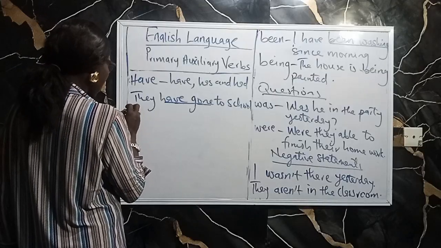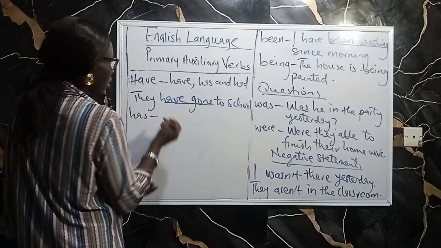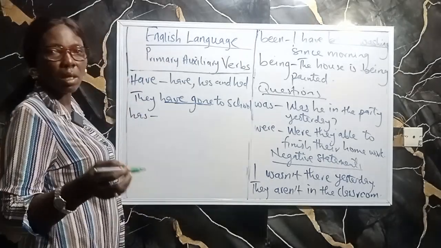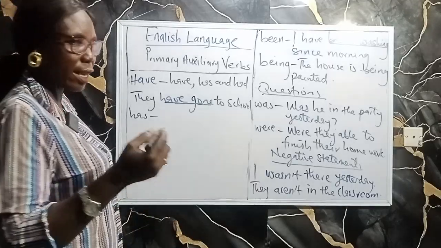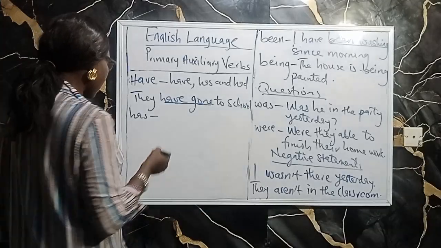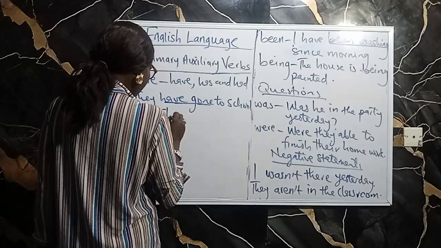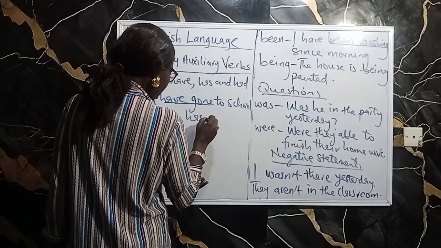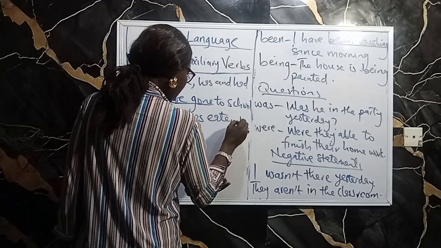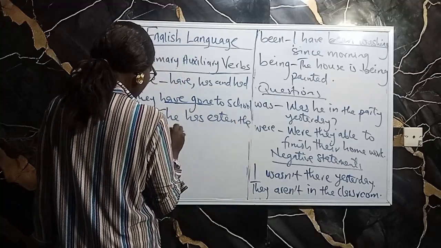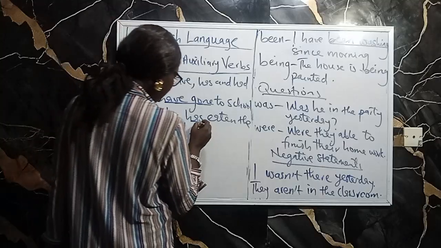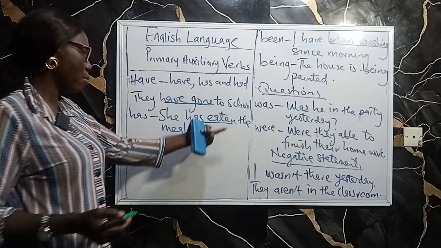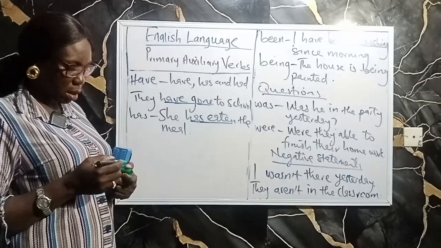Let's use has too. Yeah, we can use it with singular subjects like he and she. She has eaten the meal. Has is the primary auxiliary together with the form of the main verb eaten.